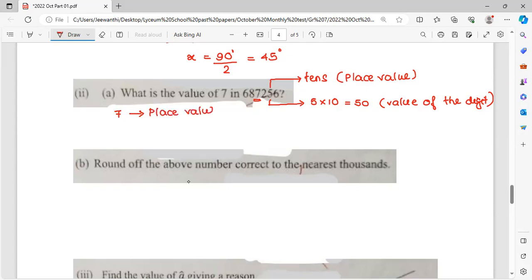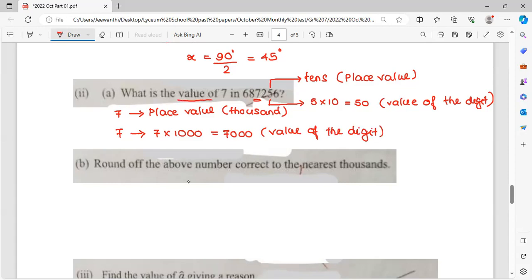So 7 multiplied by 1000 gives you 7000. So this is the value of the digit. So you want to find the value of 7. Therefore, the answer is 7000.